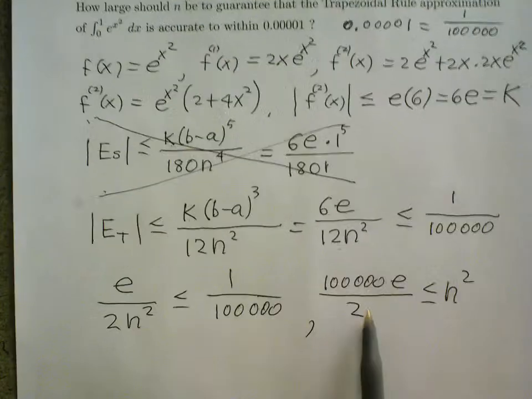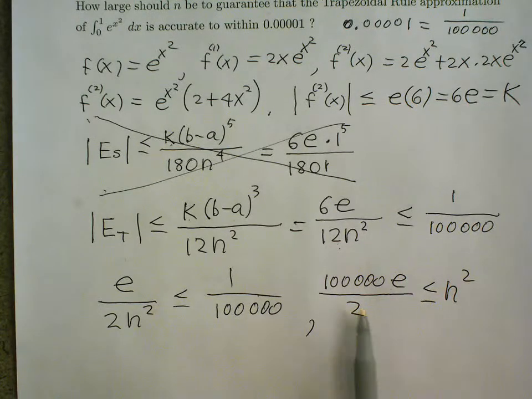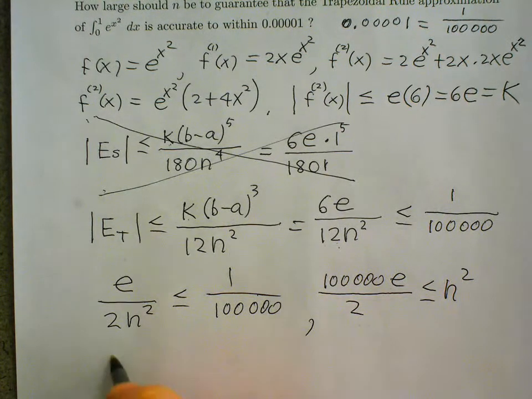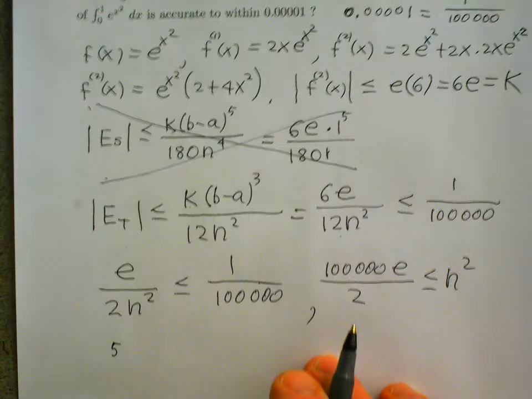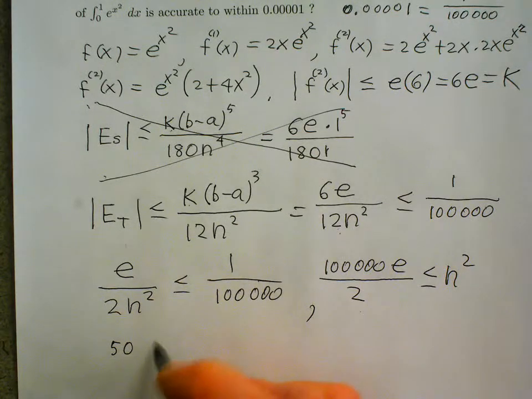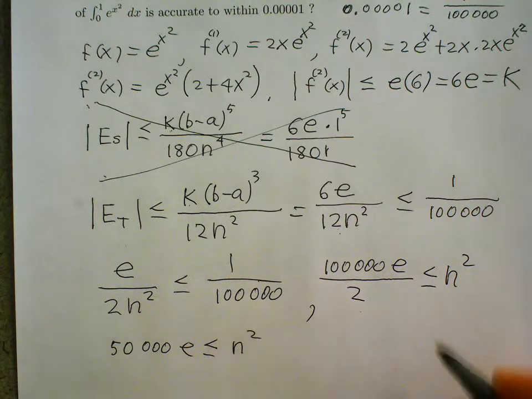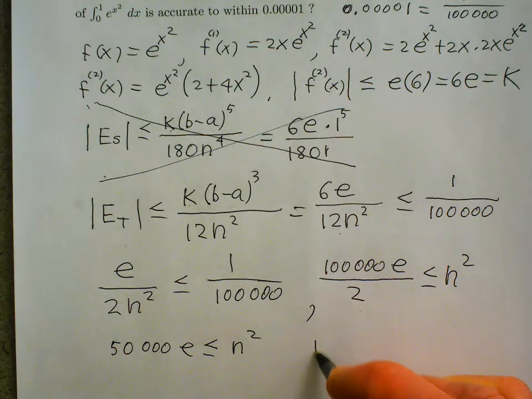And we can simplify the left-hand side a little bit. 100,000 divided by 2 is 50,000. So the left-hand side is 50,000 times e less than or equal to n to the second. So I was going to bring a high-powered calculator, and I didn't.